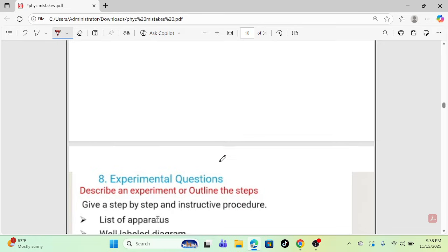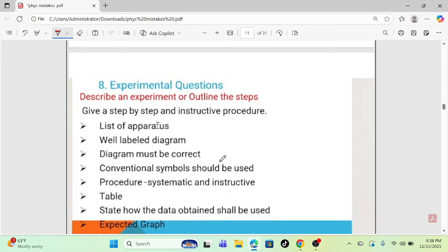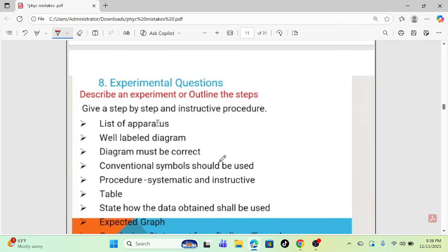Those are very important. Experimental questions: describe an experiment or outline the steps. Give a step-by-step, instructive procedure. Especially in physics paper 1, you will see almost every question has an experiment you are supposed to describe. List the apparatus.